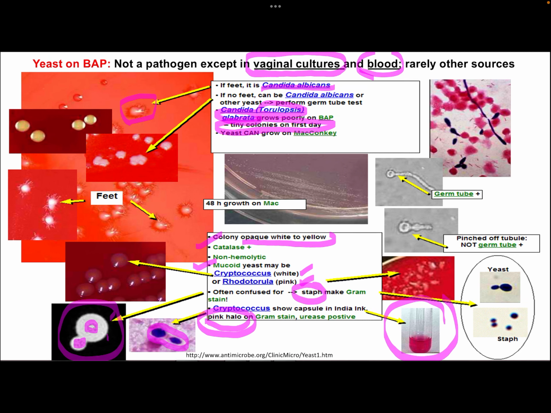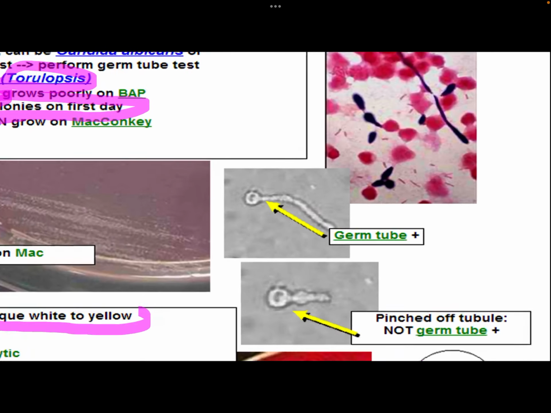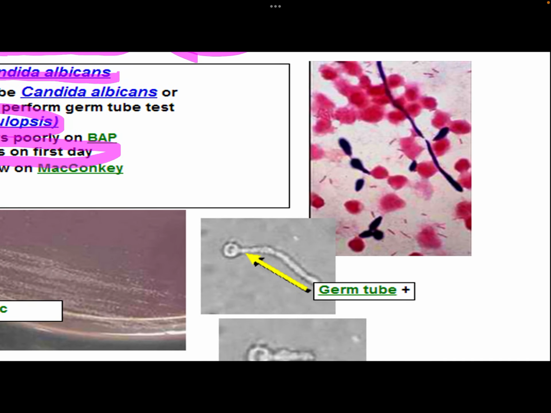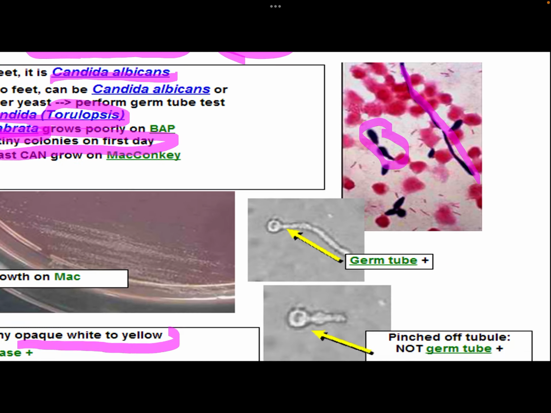But if we really want to directly identify the microorganism, you can directly perform India ink testing. And of course, the yeast cells look like this in the gram staining. You have here the hyphal elements and of course the budding yeast cells.